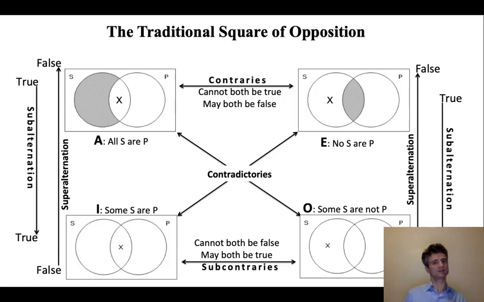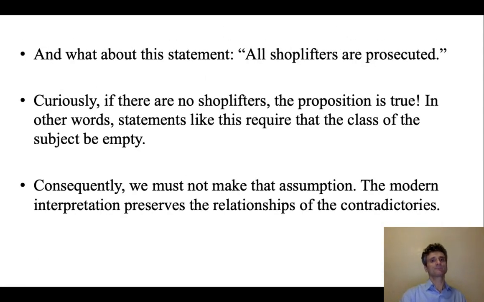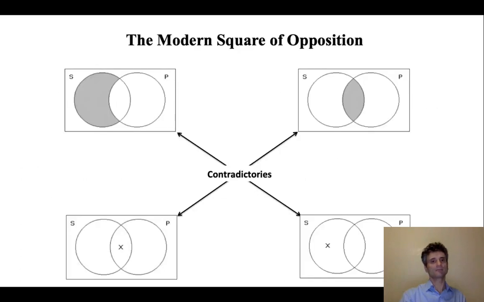You can't deal with these kinds of statements unless you employ a new way of thinking of the universal statements. The new way of thinking about the universal statement is that universal statements do not make any existential assumptions, as you can see.